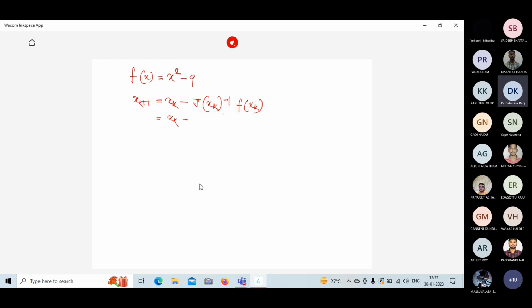Jacobian means the first order derivative, and Hessian means the second order derivative. So here we get the Jacobian of the given function f of x. Here we will write 1 upon 2xk, which is multiplied by xk square minus 9.